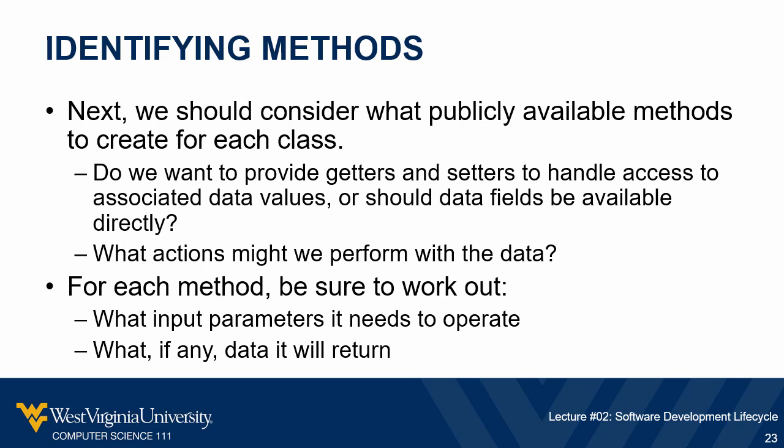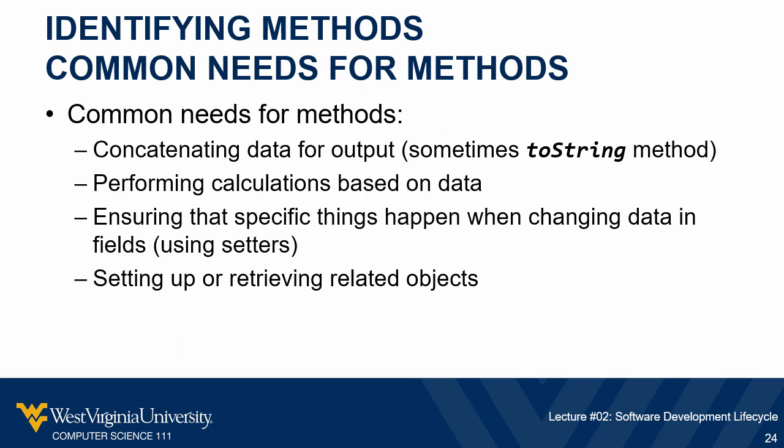In terms of common methods that you might want to think about, in addition to getters and setters, you might want to look at whether there are common output formats you might need, maybe implementing a toString method, or different calculations you want to do based on the data. One use case you might see for setters is if you want to make sure specific things happen when you update values.